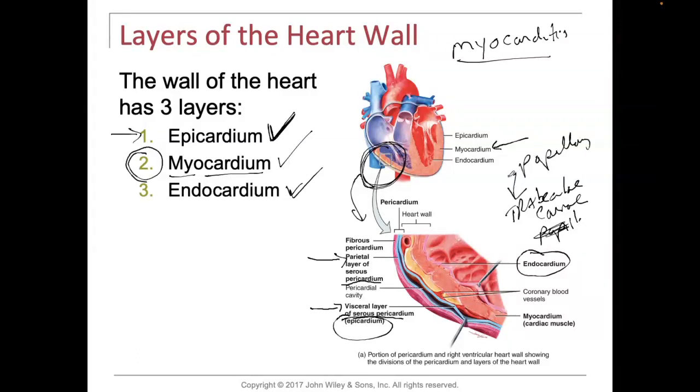So these are going to be connected to each other, and I'll show you in a picture. So here's the myocardium, but you see these little hills, like that little mountain there and that little mountain there. Okay, so those are called papillary muscles.